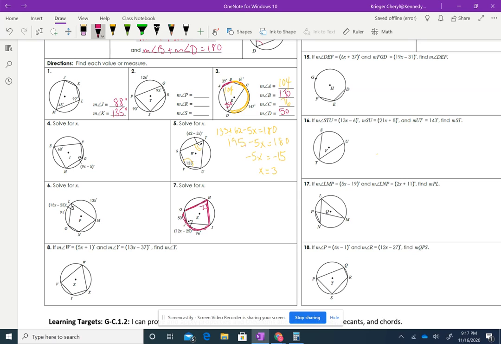Okay, so I'll set angle H and angle J equal to 180. The other sum is equal to 180. So 73 and 12x minus 25 equals 180. 12x, 73 minus 25 is going to be 48, equals 180.